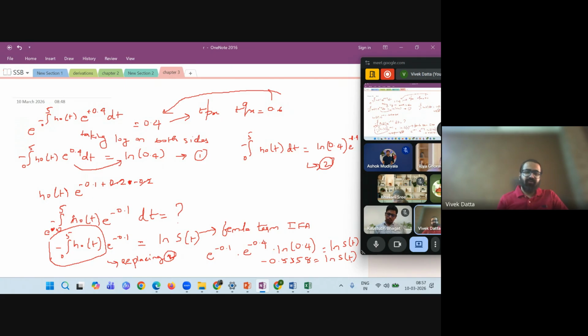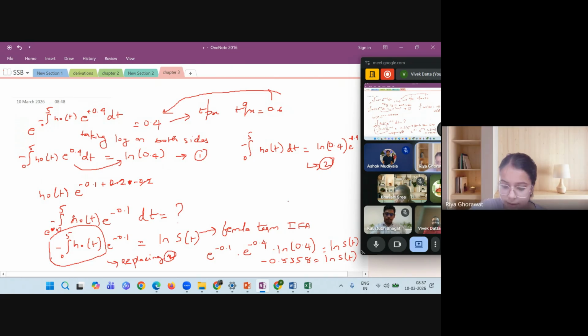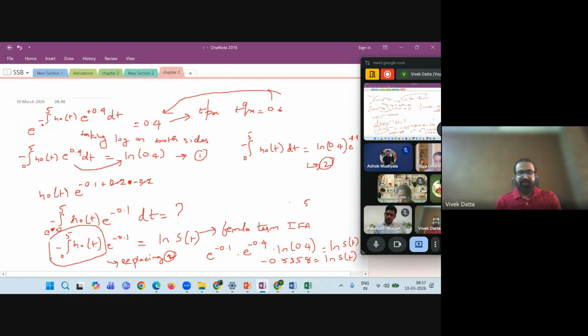You should get what Bhavani got: 0.573637. So 57.36%. Got it?